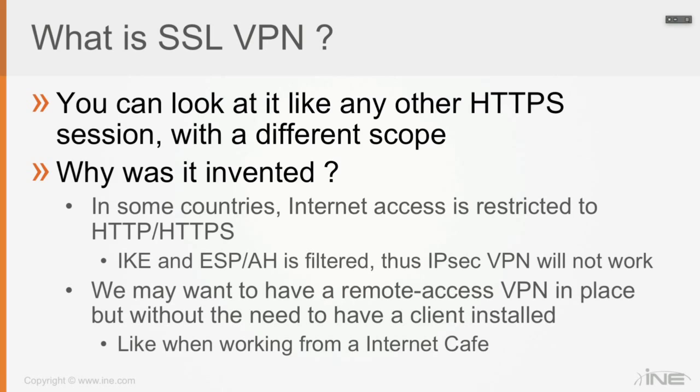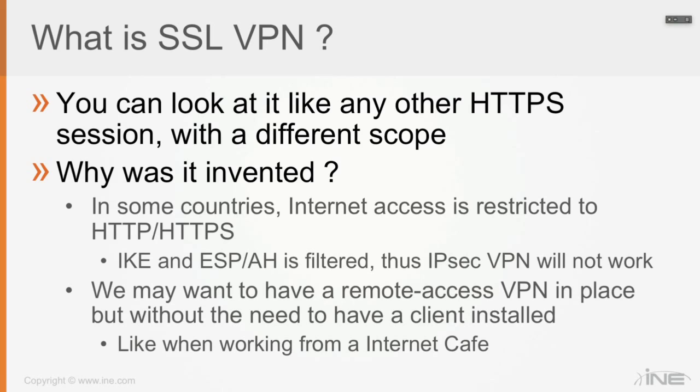In those countries, IKE, the key management framework used to negotiate the IPsec tunnel, and ESP or AH, the encapsulation of the packets sent through the IPsec tunnel, are filtered. So a user living or working temporarily in one of those countries cannot fire up an IPsec tunnel back to the headquarters. IPsec VPN is not going to work.